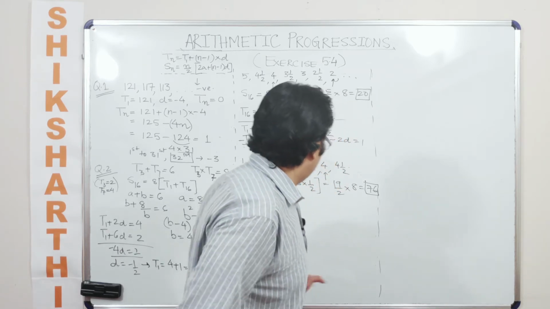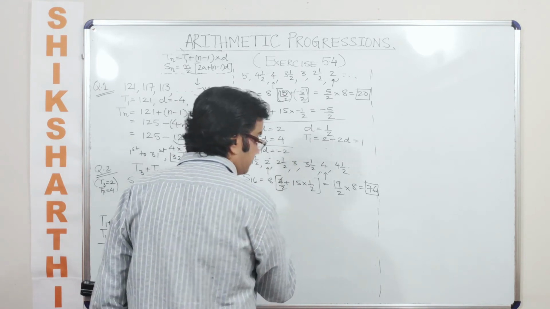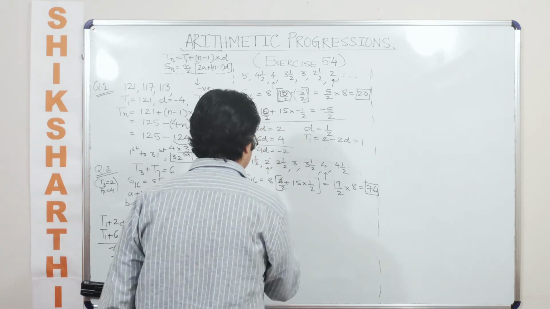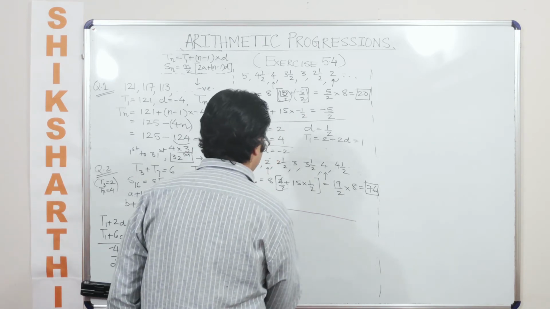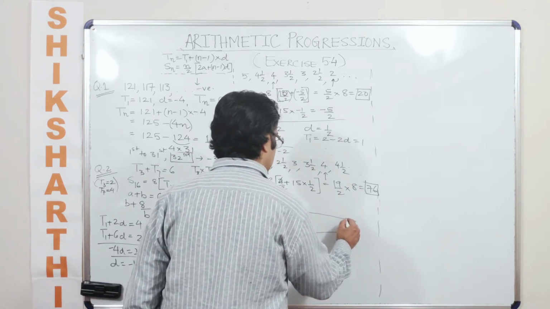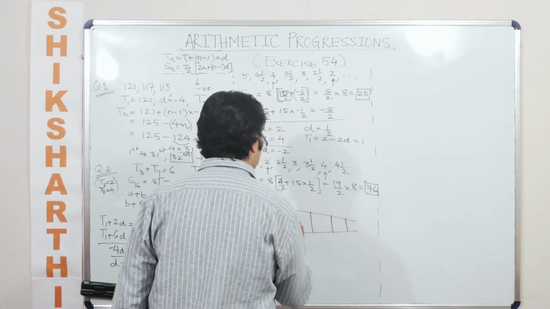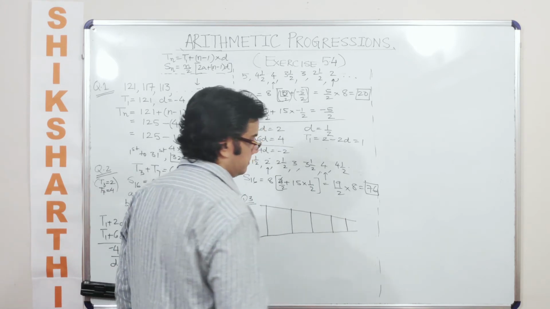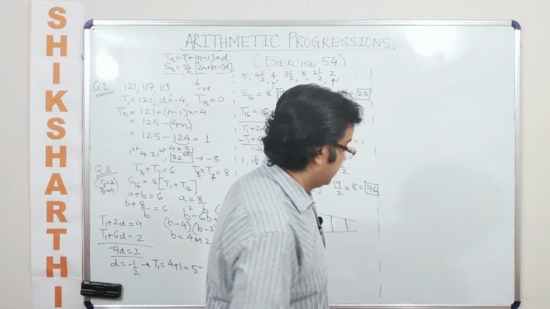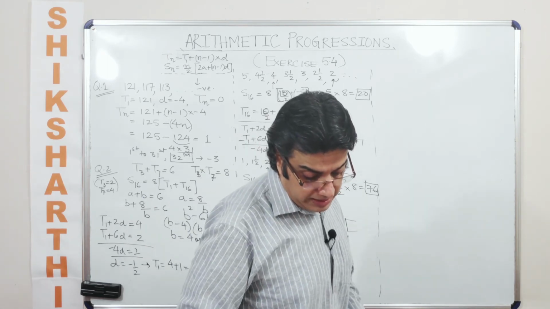Okay, let me draw this figure horizontally. So I am placing the ladder horizontally, and let's say these are the rungs. And let's say the ladder has these many rungs.